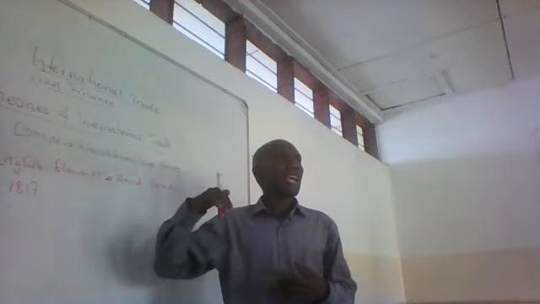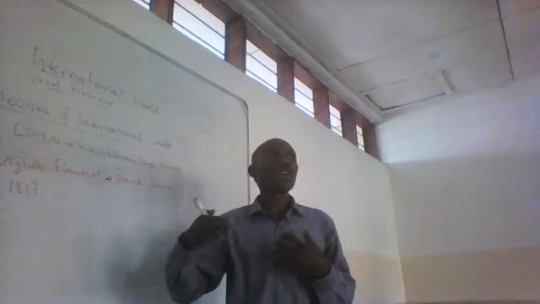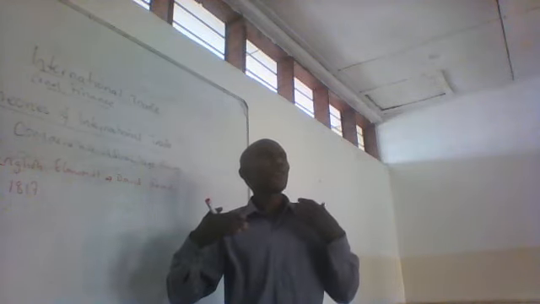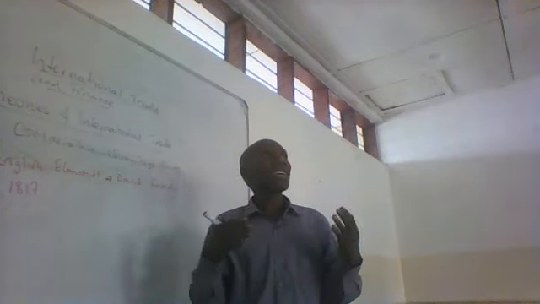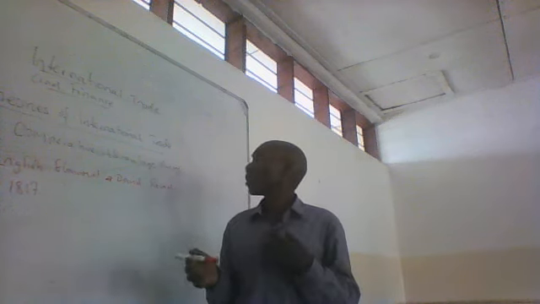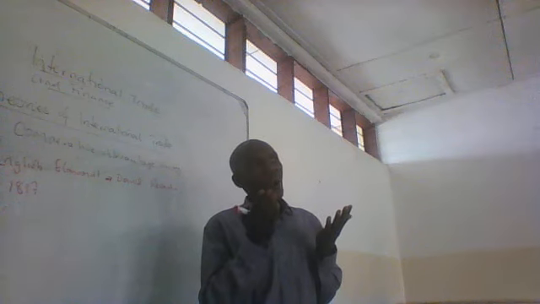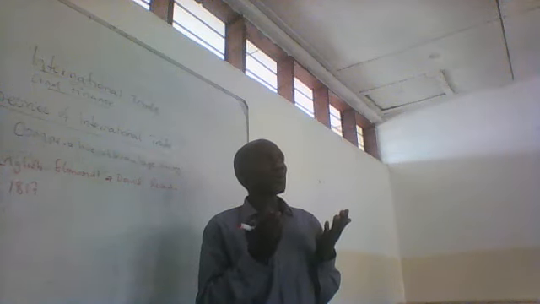Ricardo is saying, apart from specialization, if a country has to do very well, it has to compare. That's why this one is called comparative advantage. You have to compare. Where are you doing well?